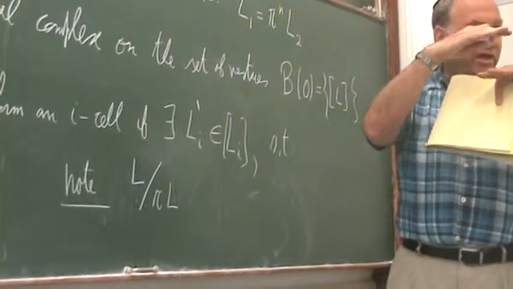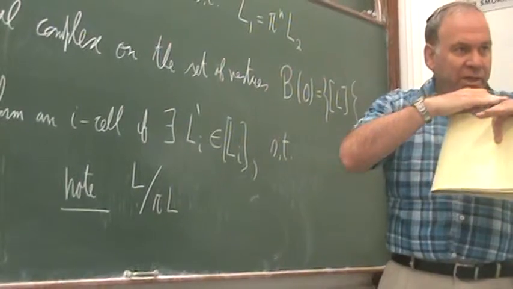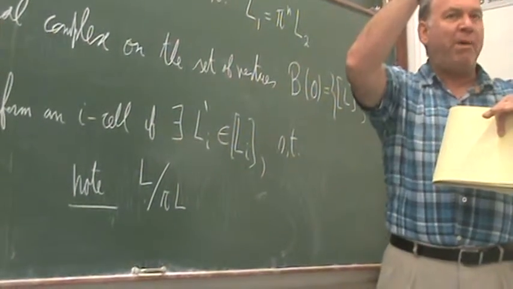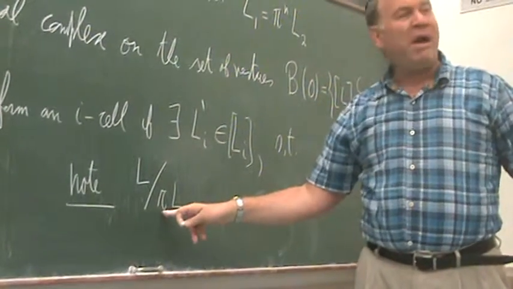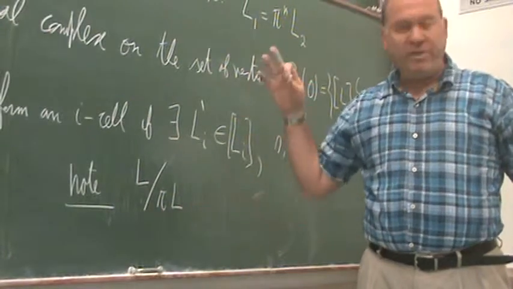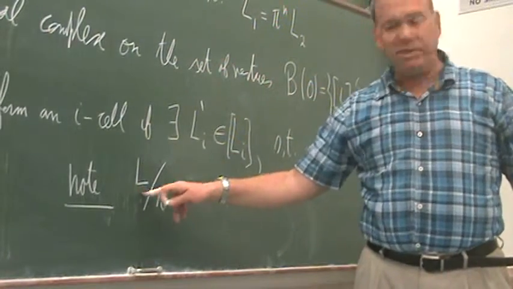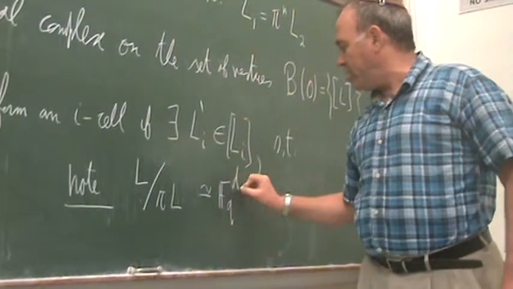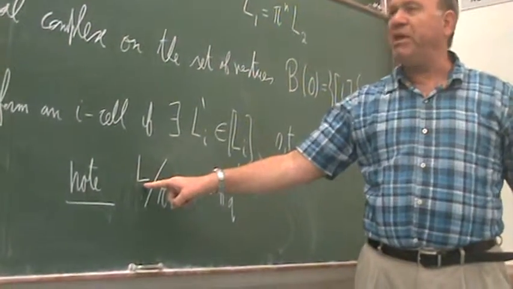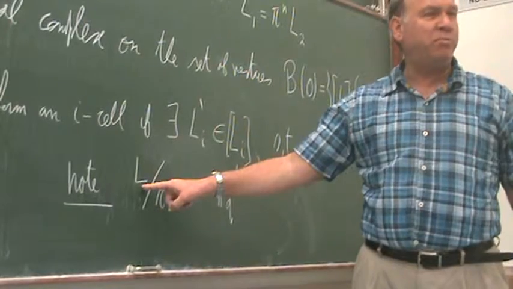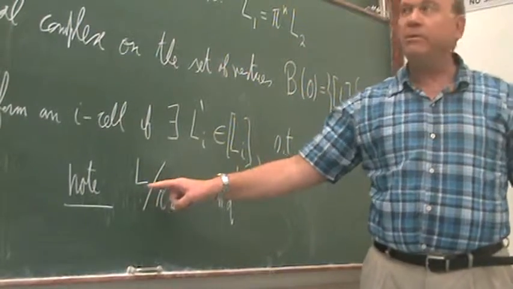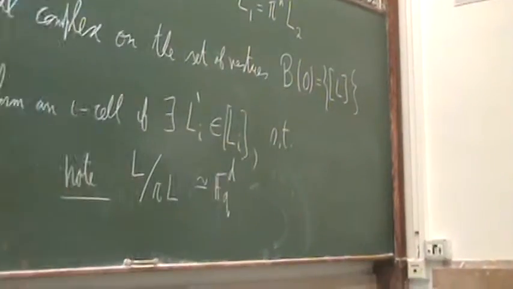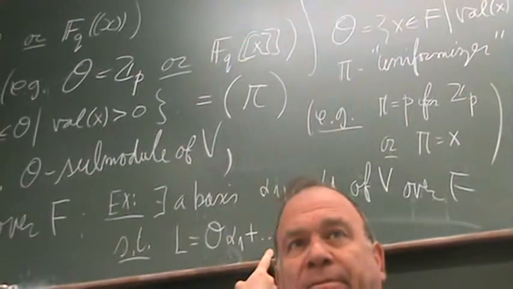This is like taking the lattice and pushing it by pi. Because pi is inside O, pi of L is inside L, and L over pi L is isomorphic to FQ to the D, because L is basically O plus O plus O, D times. Right? That's what we know from here.